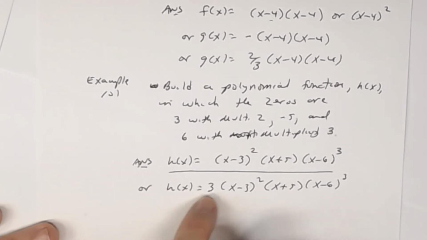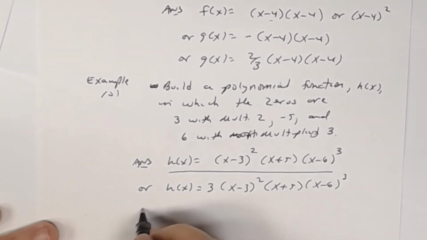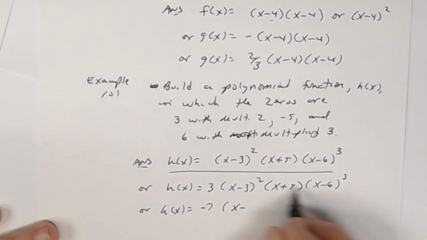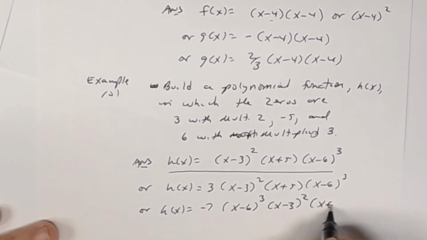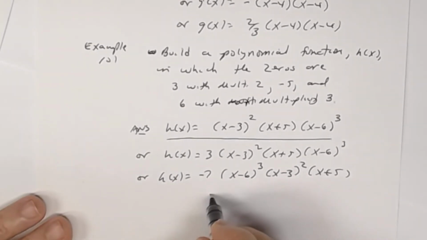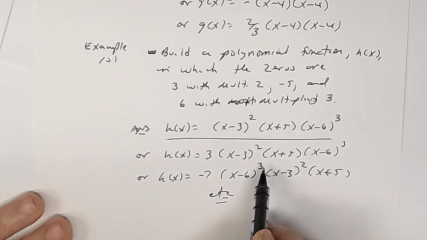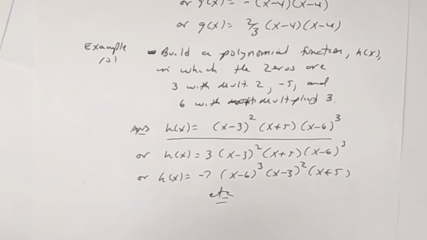But always put the coefficient in front. Someone else could have said h of x equal -7 times x, I'm going to change these orders, x minus 6 cubed times x minus 3 squared times x plus 5. Does not matter, right? So there's an infinite number of answers as long as you have these factors raised to the correct exponent. All right, so that was example 10.